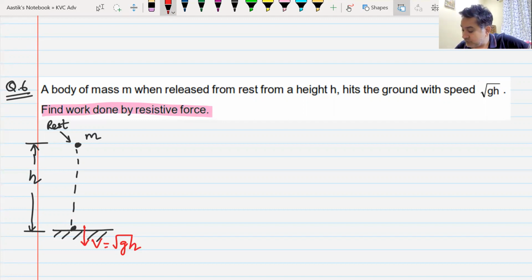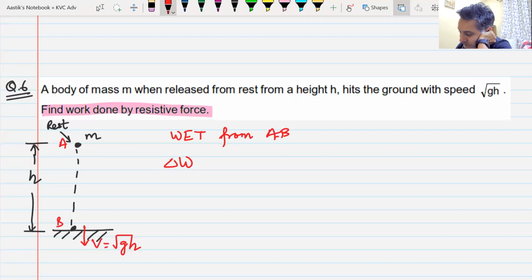Okay. So you are going to apply the work energy theorem. So I write it, work energy theorem, WET, from point A to B. What does this work energy theorem state? Tell me that first.